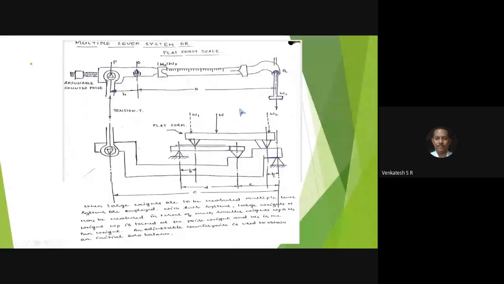E, F, G, H. Up to A to H, you have to write the dimensions in the diagram so that you can easily derive an expression for force equal to tension into radial distance. F equal to T into R. That is tension T and the distance A plus B, like that.